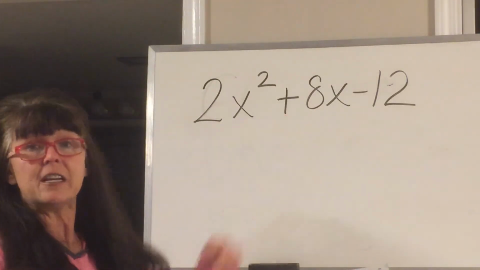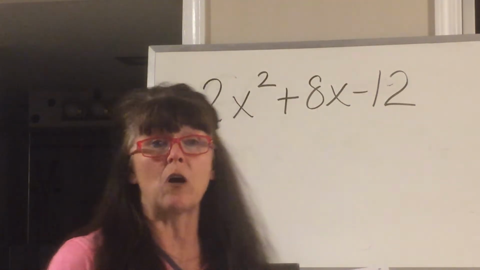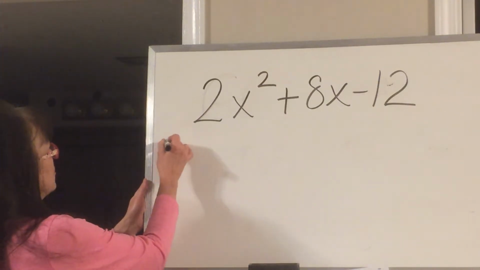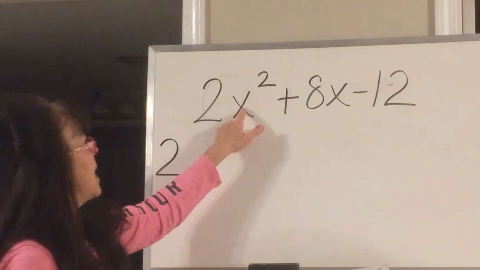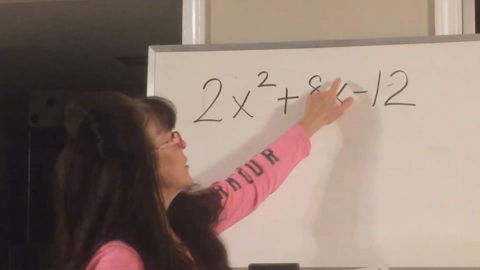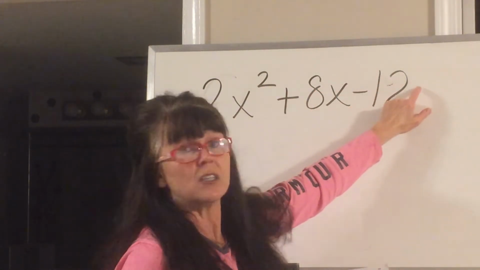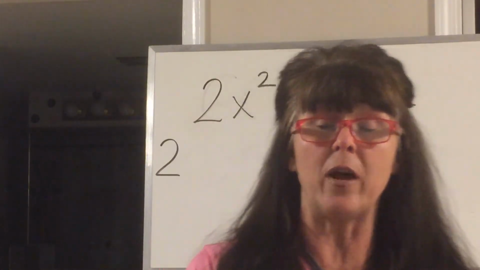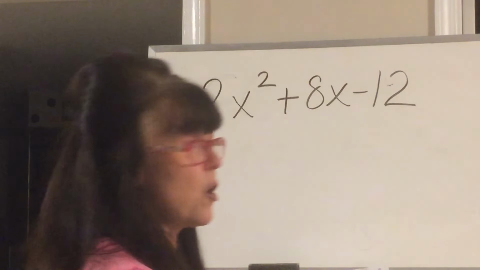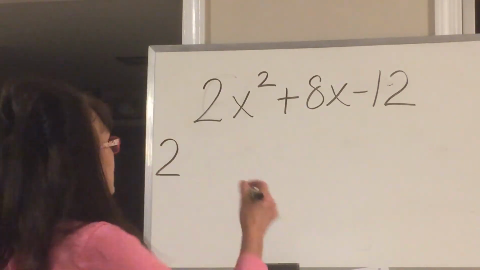They're all even numbers, so you know 2 will go into it. So you put a 2 on the outside. Check the variables. X squared, x to the first, or no x's. Smallest exponent wins, so no x's. And so it's just a GCF for right now.